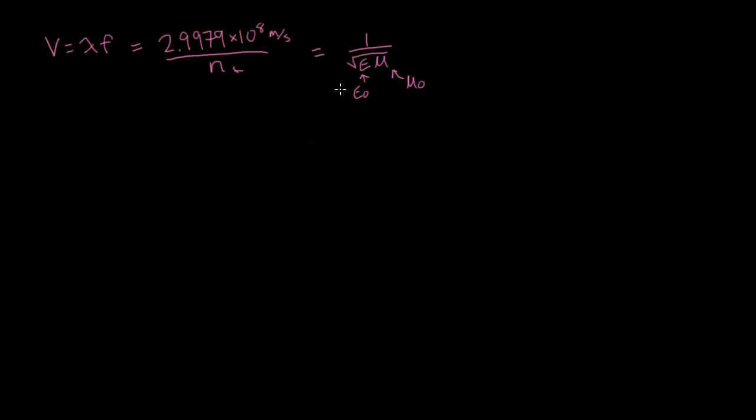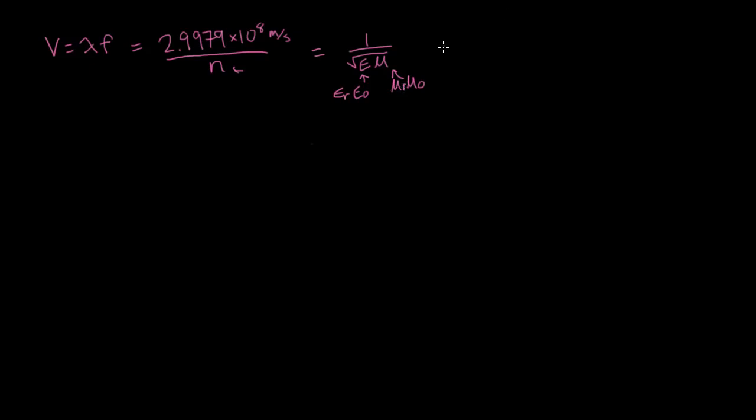We can also do the same thing here, where we can describe the material based on how its permittivity and permeability change relative to the situation in a vacuum. That constant adjustment is called epsilon r, the relative permittivity, and mu r, which is the relative permeability.